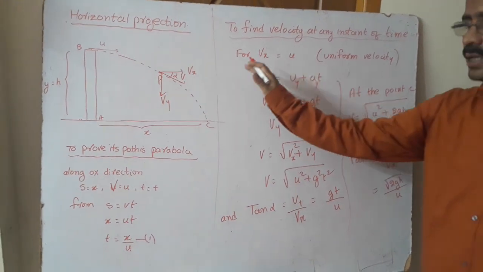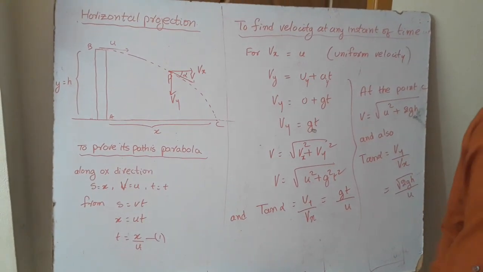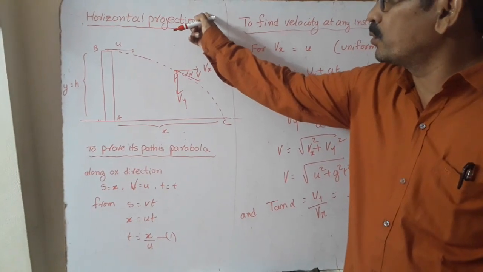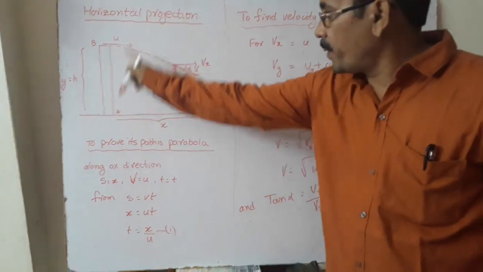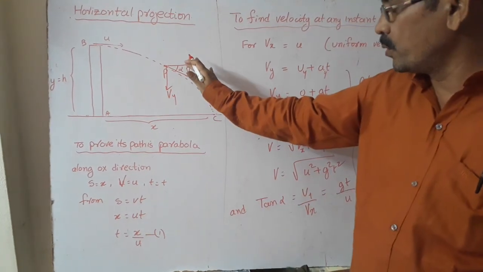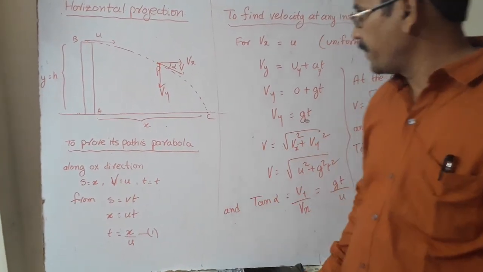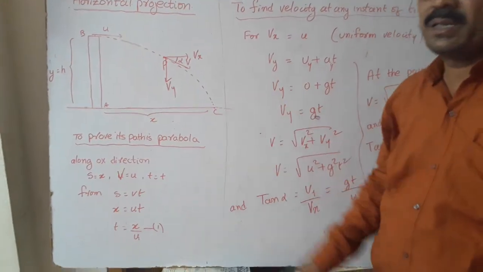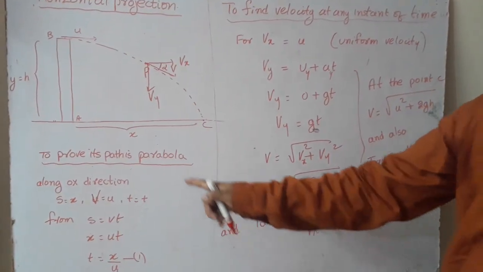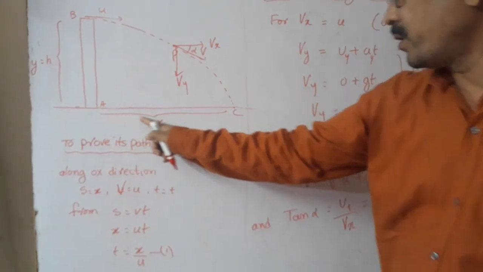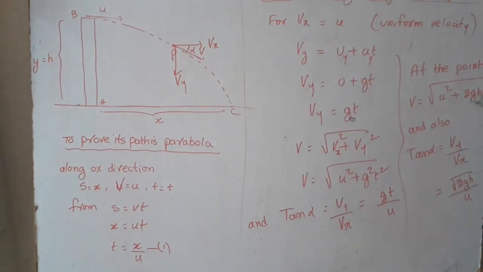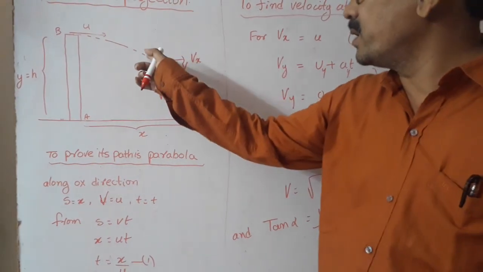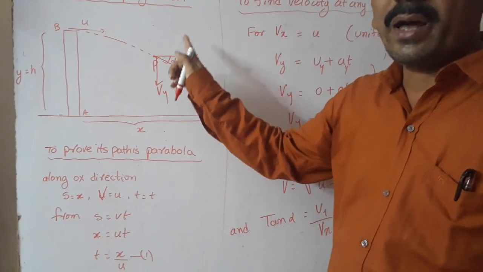So in this discussion we discussed the horizontal motion of a body thrown from the top of a tower. First we proved its path is a parabola. Next we determined its time of descent. Then we calculated the horizontal range, and also we determined its velocity at any instant of time.